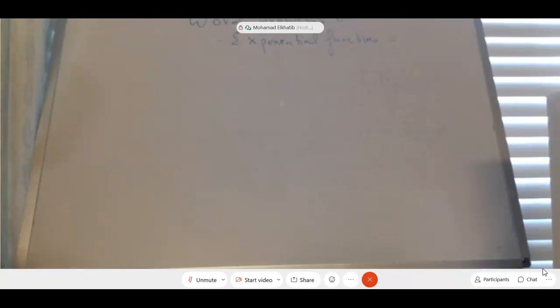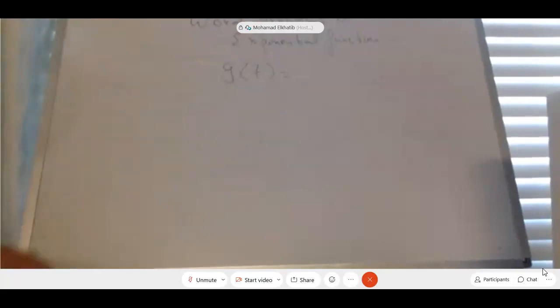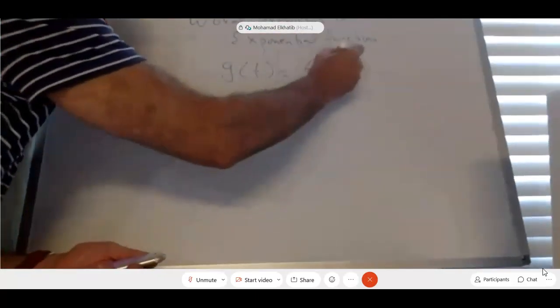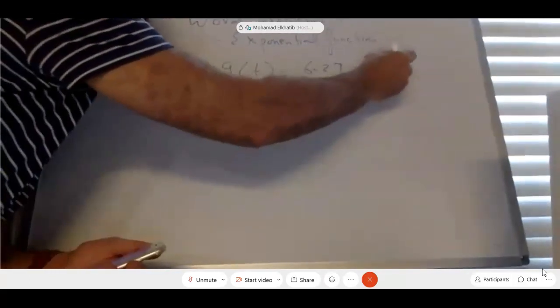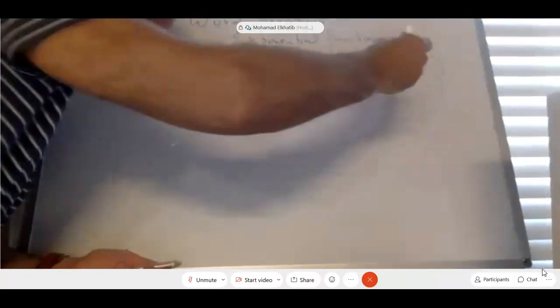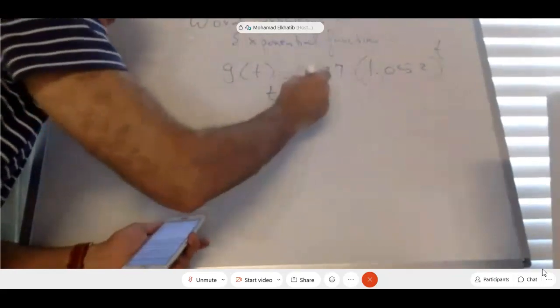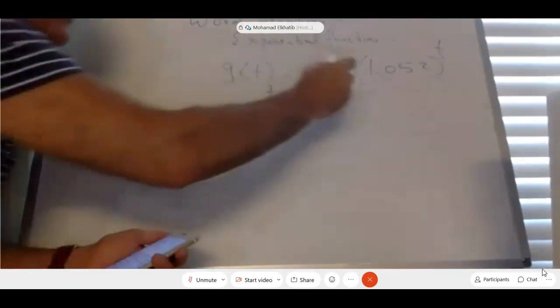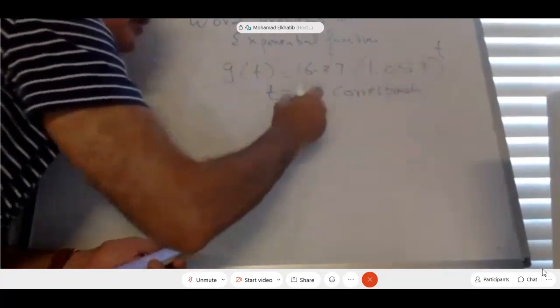So let's say I have this relationship, G of T equals 16.7 times 1.052 raised to the power T, where T corresponds to 2010.